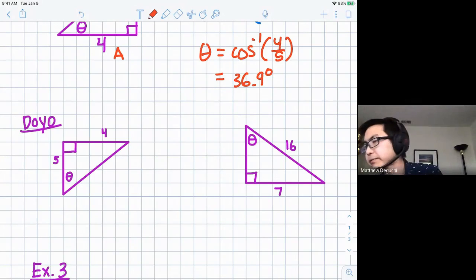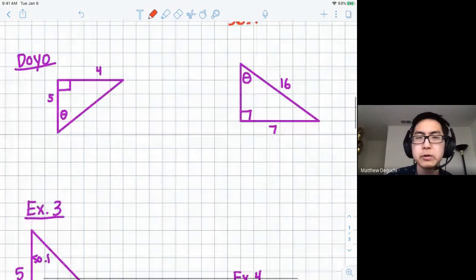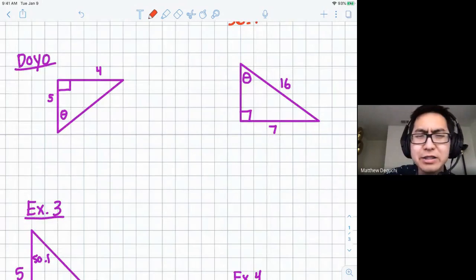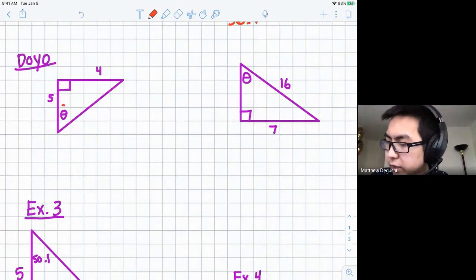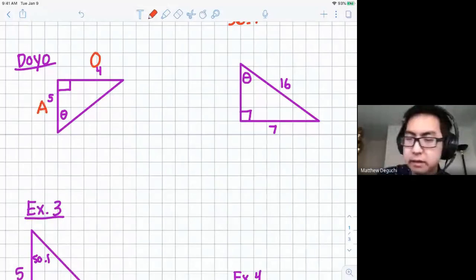All right. I will display to you guys how you went about this. So essentially, remember, in the perspective of this angle, this side is the opposite, this side is adjacent, and this side is the hypotenuse.